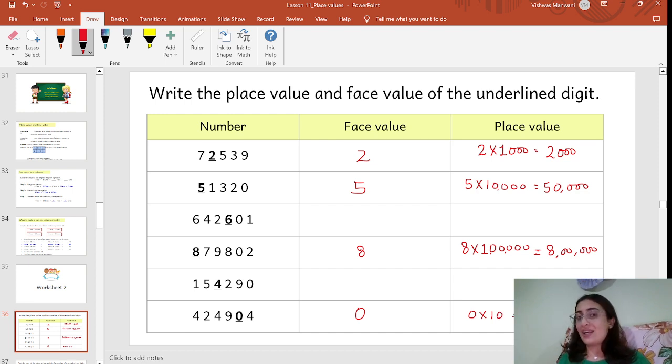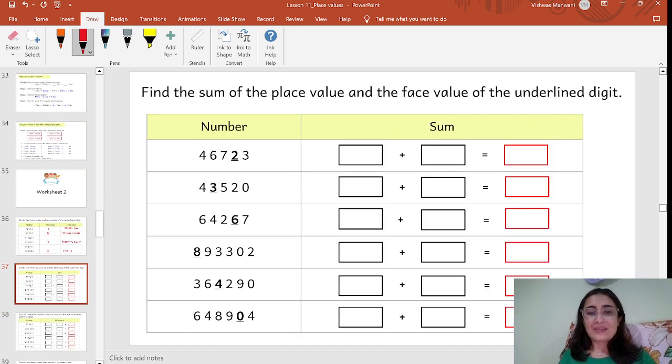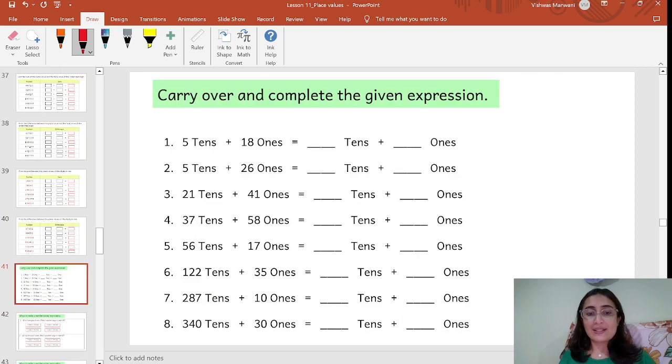So another interesting observation that we made here is that no matter whichever position 0 is at, its face value and its place value will always remain the same, 0. Got it? Okay. Let's move to a newer exercise.